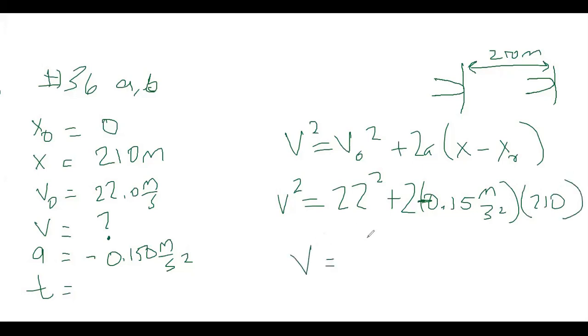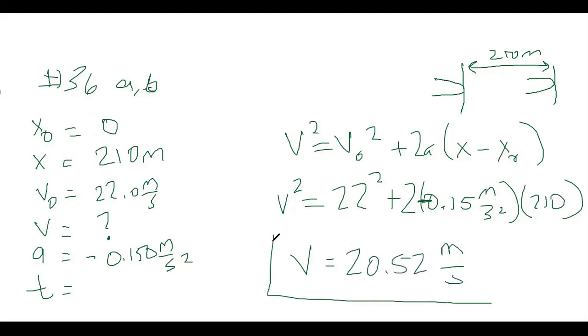So V equals, this one I can't do in my head. V is 20.52 meters per second when it leaves the station. That's our final velocity of that train.